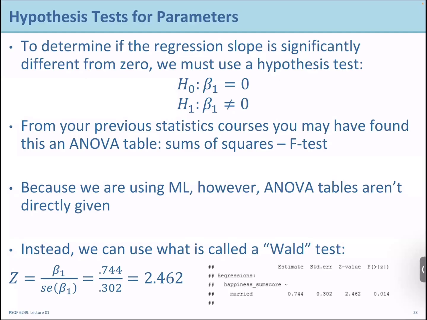That's the Wald guy. This is a hypothesis test in maximum likelihood for any parameter, because it turns out in maximum likelihood, as n goes to infinity, the distribution of the parameter converges with certainty to a normal distribution. The mean of that normal distribution is the value of the parameter, and the variance, or the standard deviation of it, is right here. So if you wanted to test your parameter you could leverage that fact, create a z-score out of it, and determine whether or not that z-score is significantly different from 0.